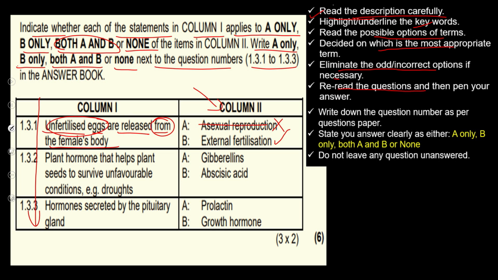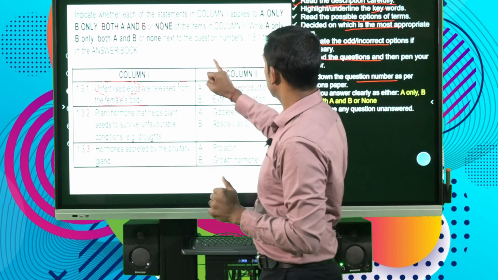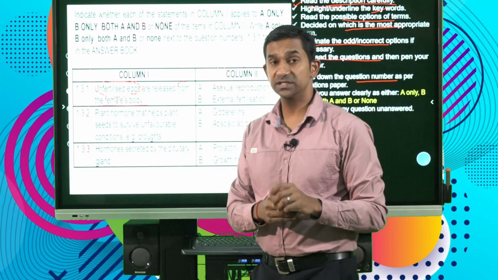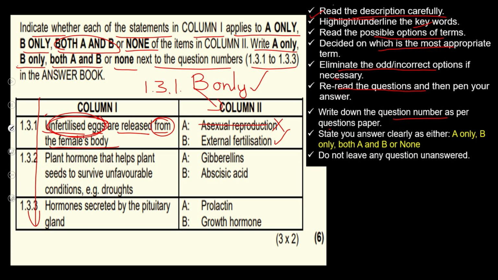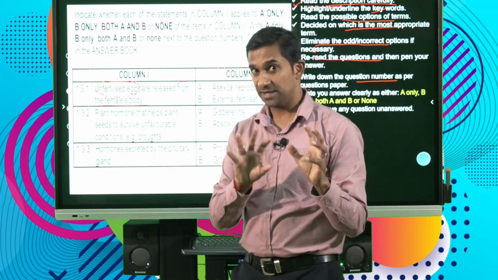I reread the question, which I had to go back and do, and then I've written down my answer as, in this case, the answer for 1.3.1 is B only. Have I followed instructions? Yes. Have I given the answer correctly in the format the examiner has wanted? Yes. And guys, that's essentially what you need to do, is have this mental checklist of running through the process of being able to answer the matching of columns type of questions.